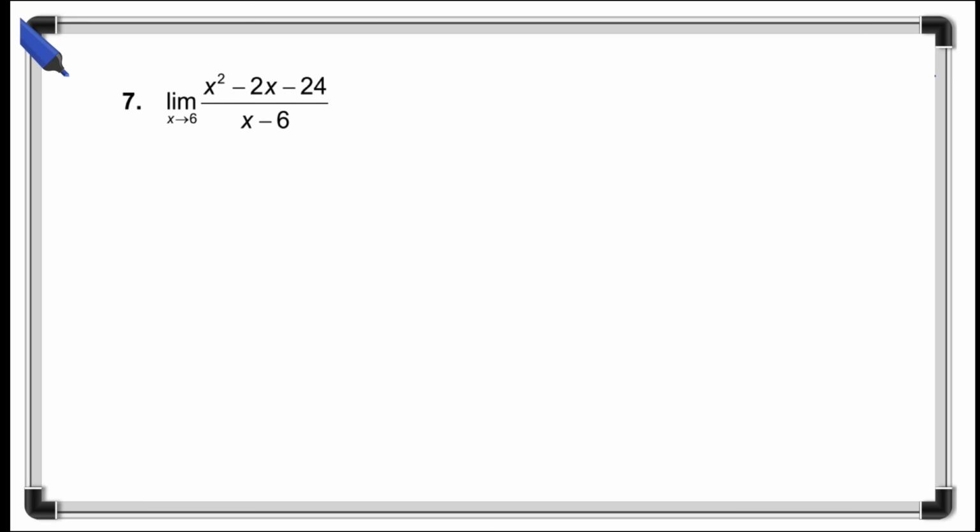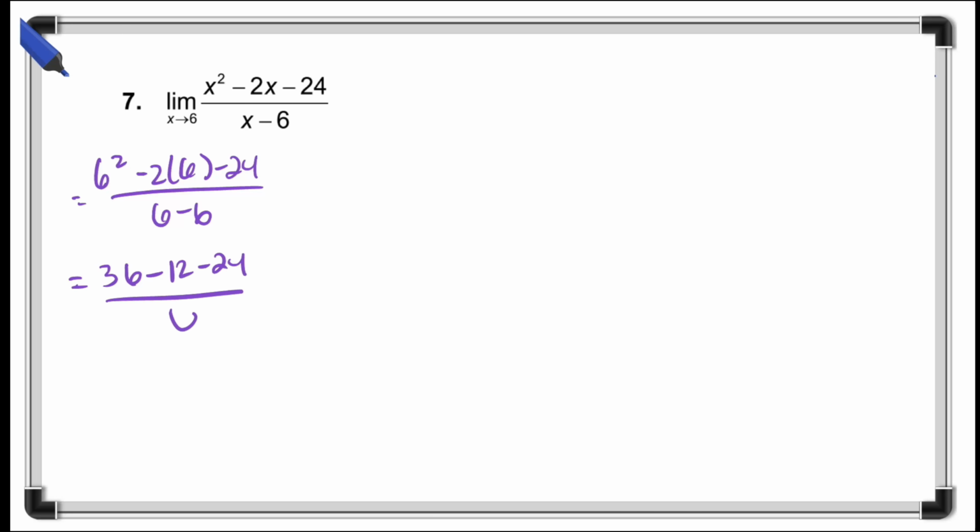All right, so here we go again. Let's go ahead and take that 6 and substitute in for our x's. You've got 36, 12, 24 over 0, 0 over 0. Okay, so indeterminate form. So the limit as x approaches 6, we're going to go ahead and factor.